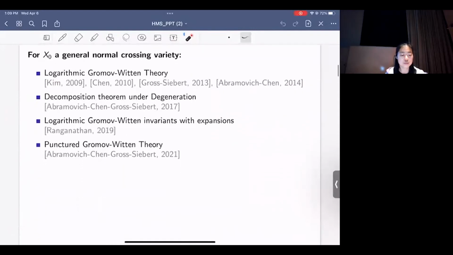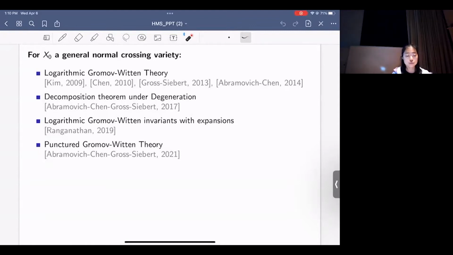Yeah, so here is a brief history of the development of logarithmic Gromov-Witten theory, which started 10 years ago with Abramovich-Chen and Gross-Siebert, who developed the logarithmic Gromov-Witten theory. The answer to the first question is finished in the paper by Abramovich-Chen-Gross-Siebert, where they proposed a decomposition theorem for logarithmic Gromov-Witten invariants.